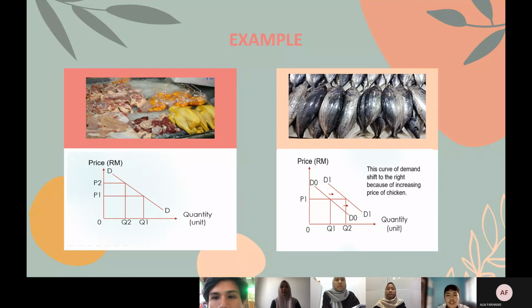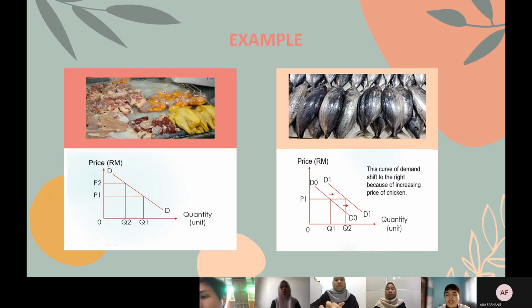it is responsive to substitute goods. When the price of chicken increases from P1 to P2, it will affect the quantity demanded of fish, and the quantity demanded of fish increases from Q1 to Q2.